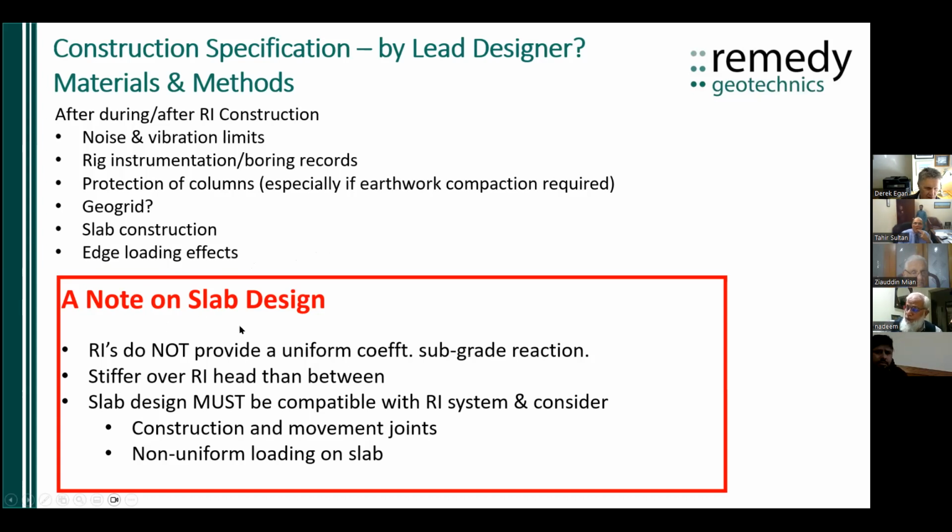And I keep going on about the slab design. The rigid inclusions do not provide uniform coefficient of subgrade reaction. It's stiffer over the head than between, and therefore the slab design must be compatible and must consider this variation here, also when you're considering where the construction and movement joints are going and where uniform or non-uniform slab loading is likely, which is in reality probably in most cases.